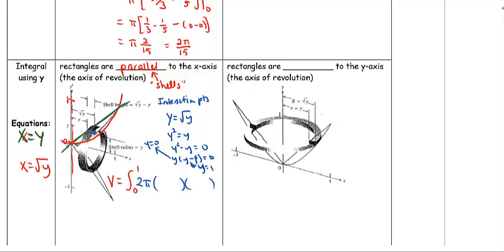In this case, the radius is the value y. And how about the actual height then? The height actually is this distance, the shell height. So that would be root y minus y, right? The rightmost function minus the leftmost function.